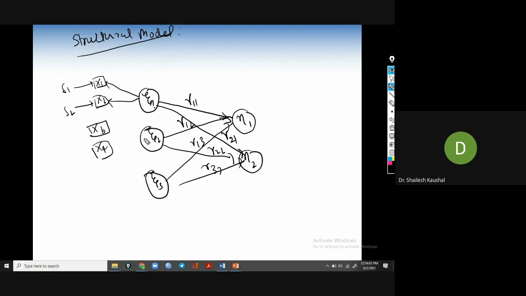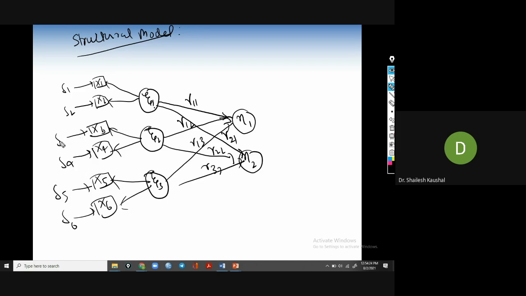Each component has 2 variables, and x5, x6, and then delta 6, delta 5, delta 4, delta 3, the error terms.